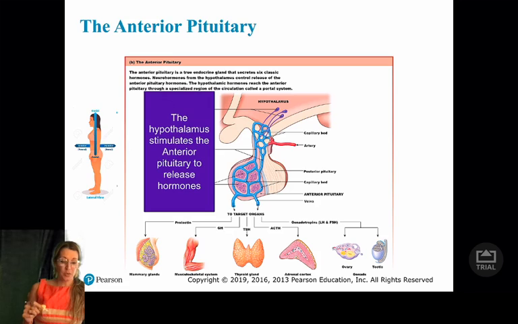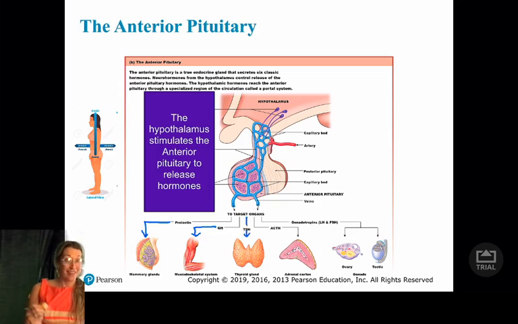Okay, the anterior pituitary. The hypothalamus stimulates the anterior pituitary to release its hormones. And this image I really like because it shows you where each of these hormones primarily act. So prolactin here primarily acts on the breasts. Prolactin, lactation. Growth hormone, primarily on the muscles, also on the bones.